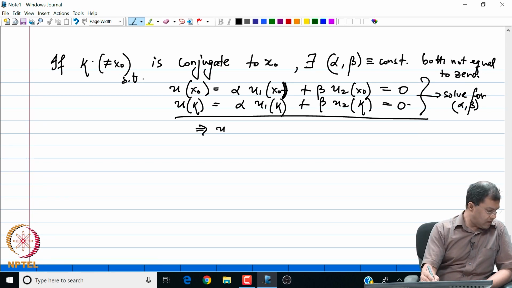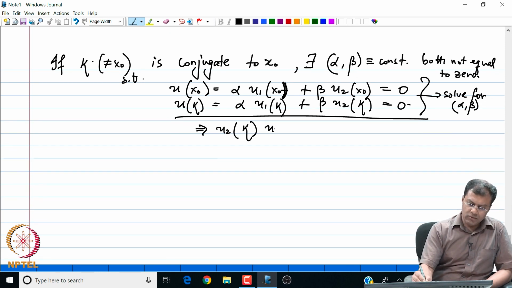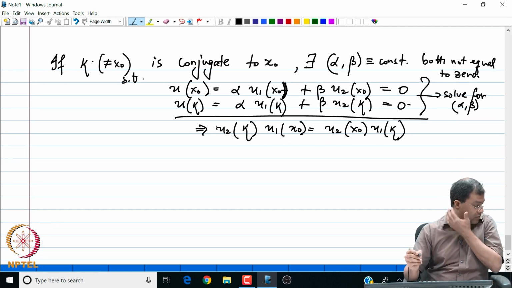The result says that u2 of kappa times u1 at x0 is equal to u2 at x0 times u1 at kappa, and that is what we are after.